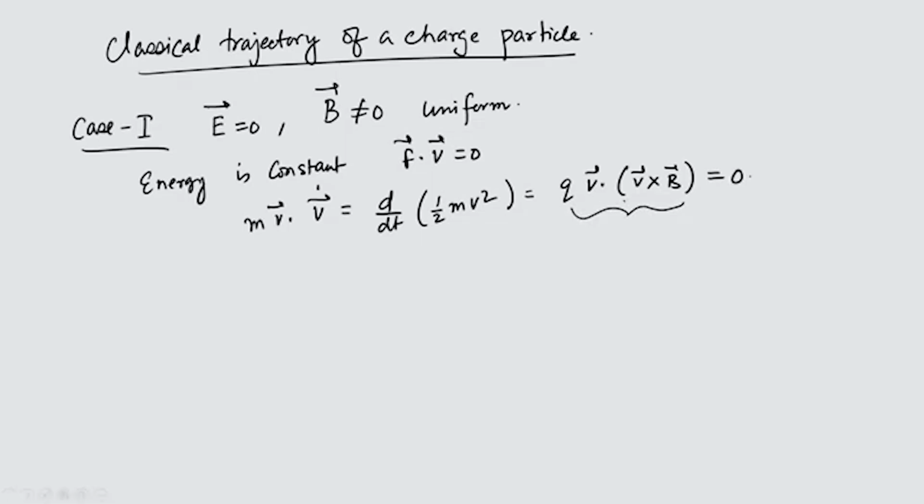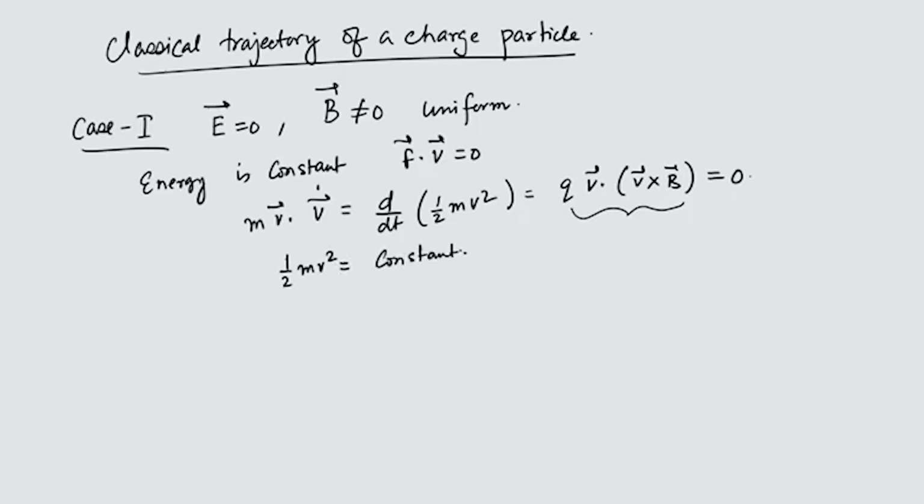When there is no electric field, only the magnetic field will create a Lorentz force. So v dot (v cross B) equals 0. The reason is simple. This v cross B is a vector perpendicular to both v and B, and that is why if you take a dot product with v, it will give you 0, and so d dt of half m v squared equals 0, which means half m v squared equals constant. This is what we mean by the energy being a constant.